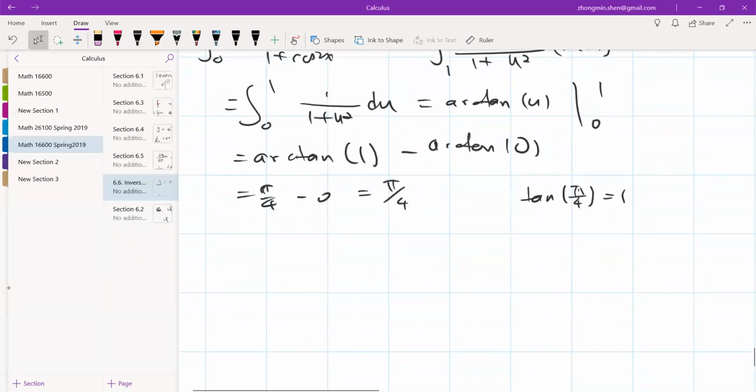We have to consider arc cosine x, cosecant x, secant x.